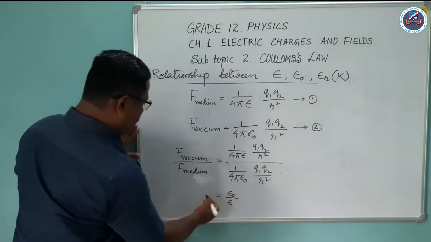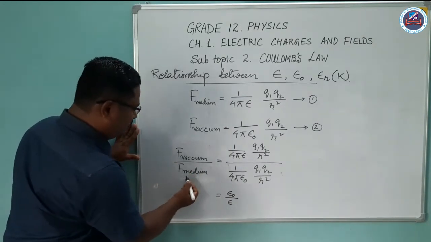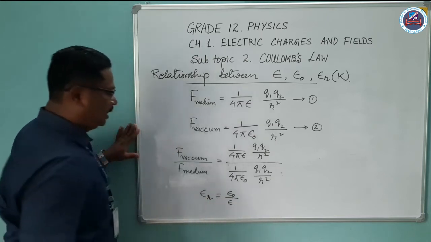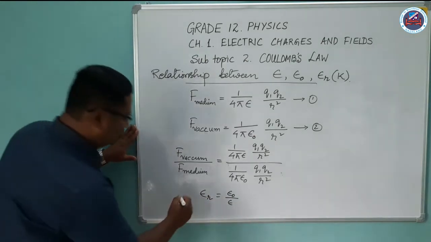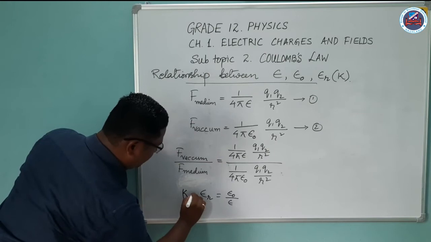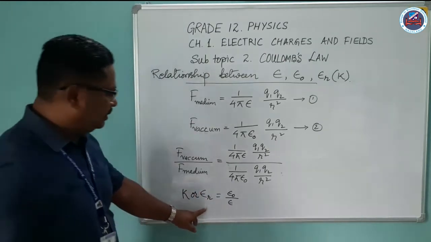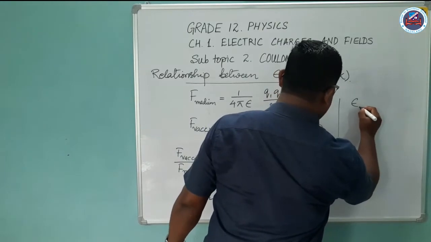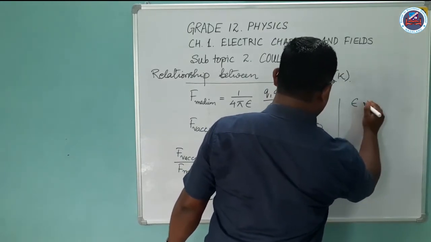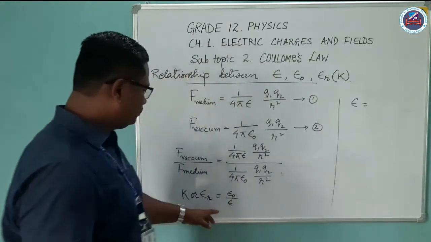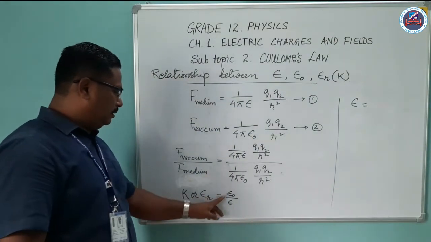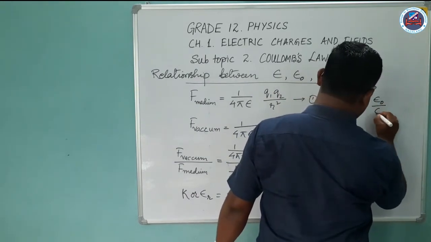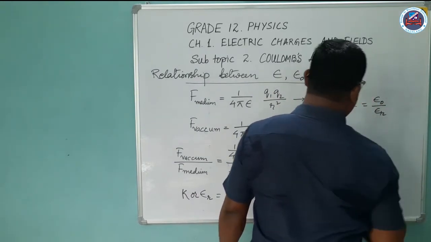And this ratio, the ratio of force in vacuum to force in medium, we call it relative permittivity, epsilon r, or we represent it as capital letter K. So from here we can know that absolute permittivity epsilon is equal to epsilon naught, that is permittivity in free space, divided by relative permittivity.